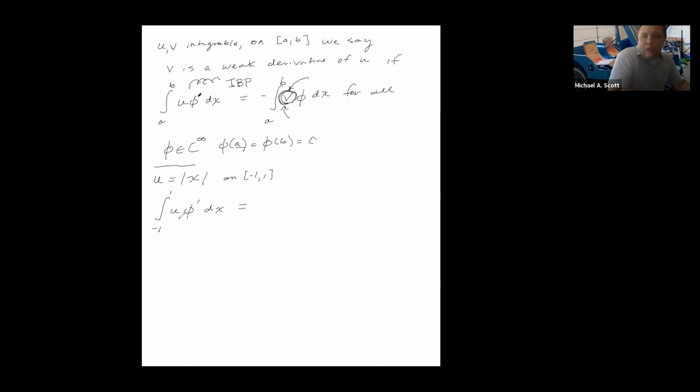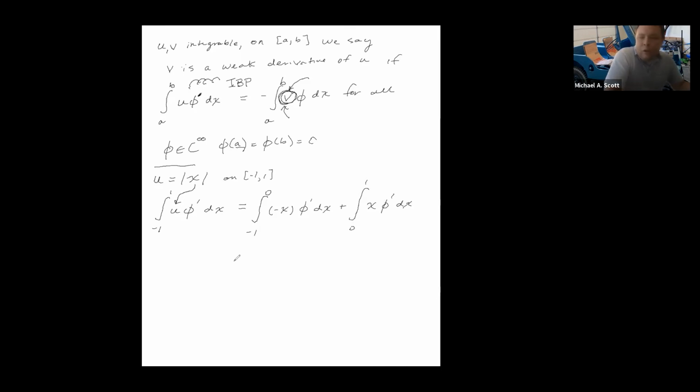Let's first insert the definition of the absolute value into u, which gives us the integral from -1 to 0 of minus x phi prime dx plus the integral from 0 to 1 of x phi prime dx.